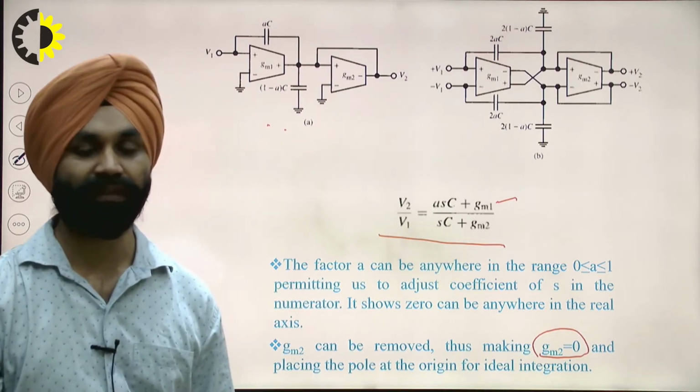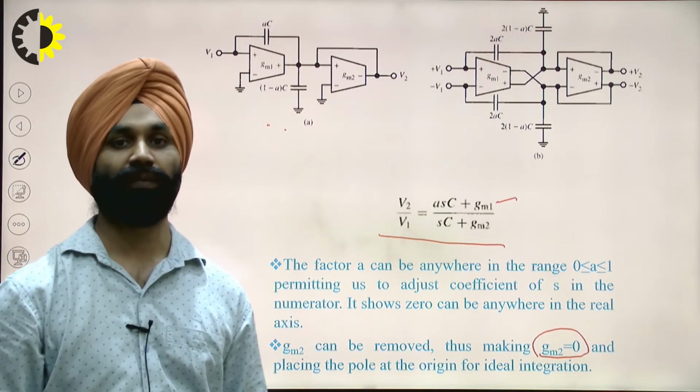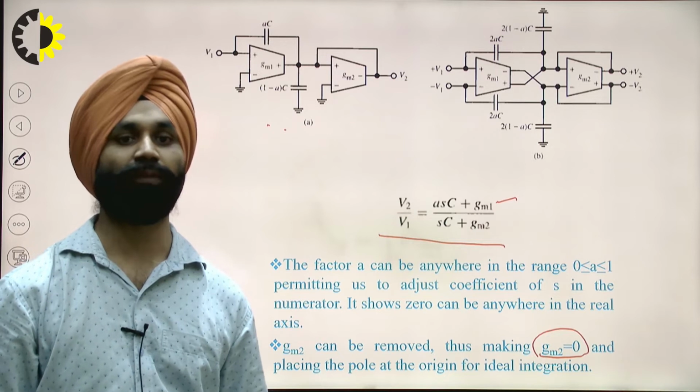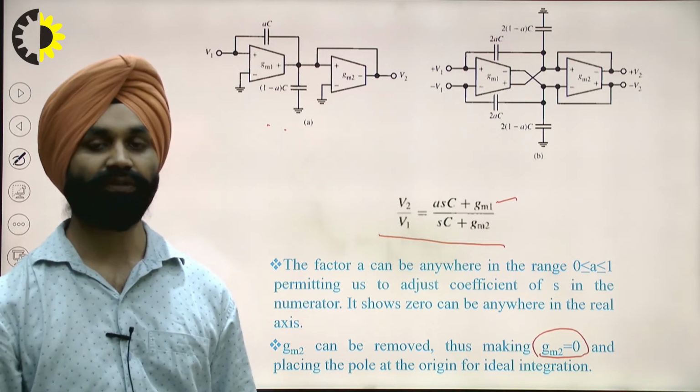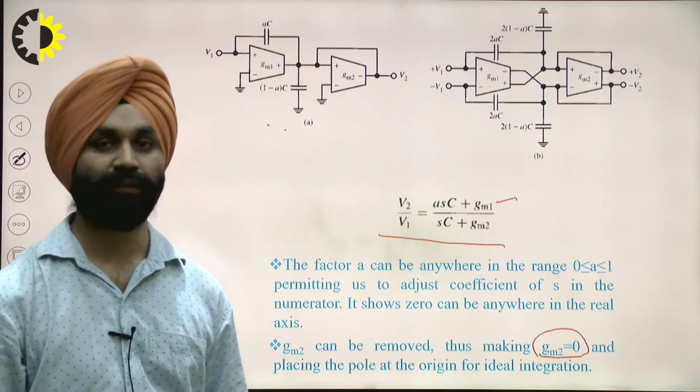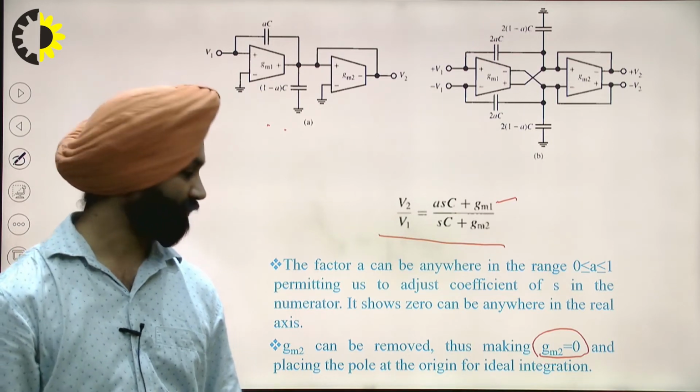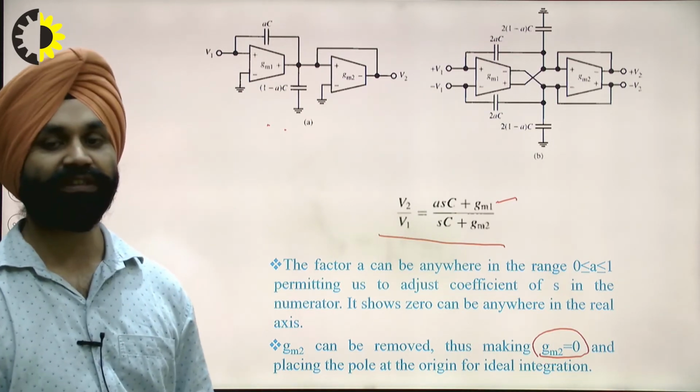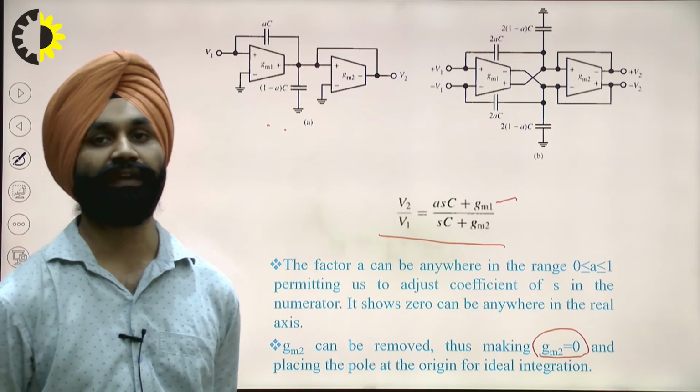This will make the movement of the poles. If GM2 is equal to 0, the poles will be at the origin, which will make it an ideal integrator.